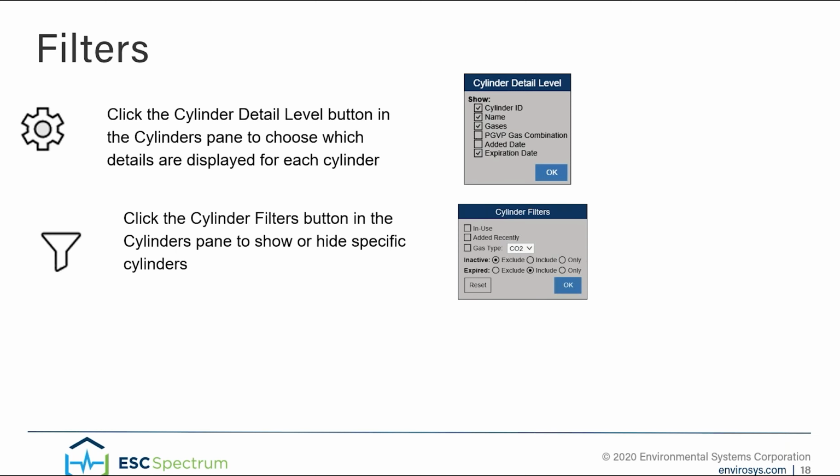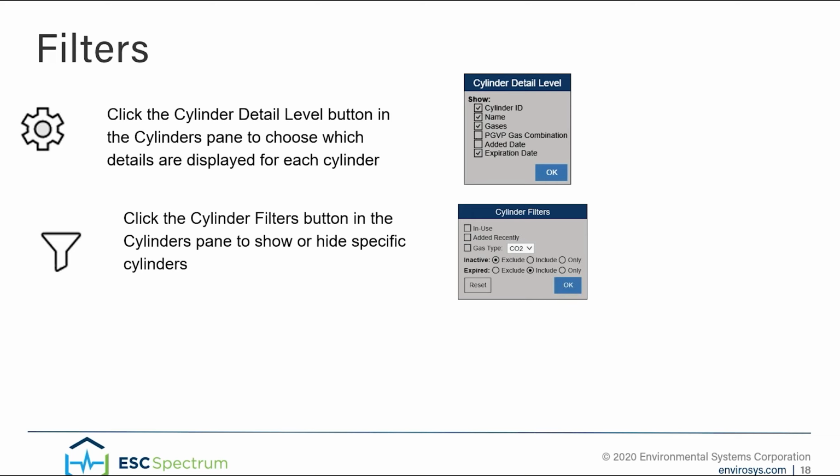With the filtering icon, you can look at those that are in use, those that were recently added, those that only have a particular gas type in there. Notice that you have inactive, you have exclude, include, and only, expired, exclude, include, or only.